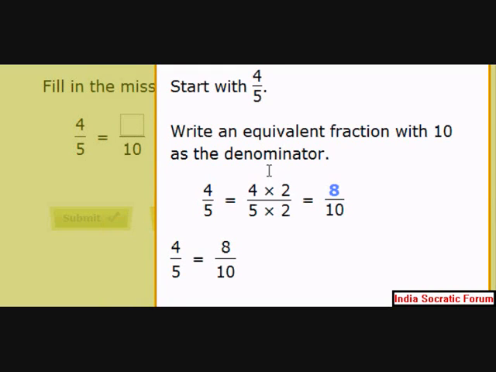First start with 4 by 5. Write an equivalent fraction with 10 as the denominator. 10, we have to multiply by 2. So we get 10. Multiply the numerator also by 2. 2 4s are 8. So 8 by 10. 4 by 5 equals 8 by 10.